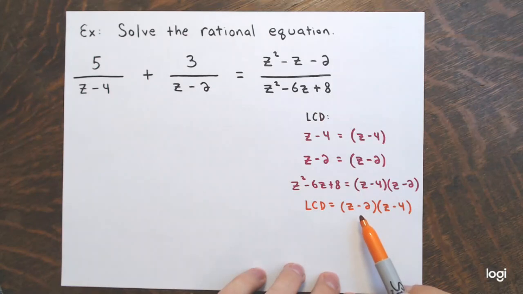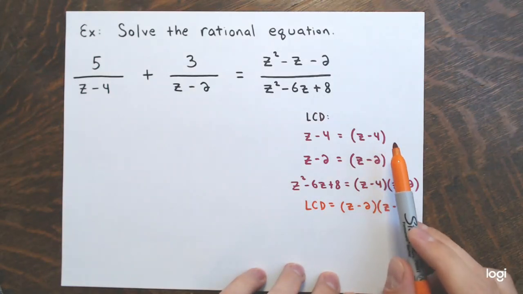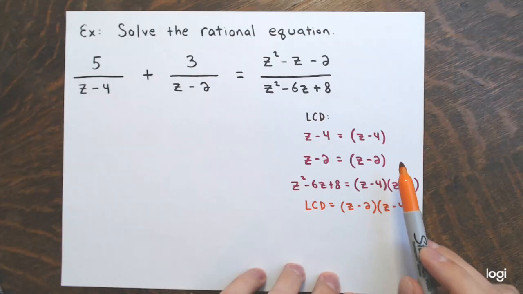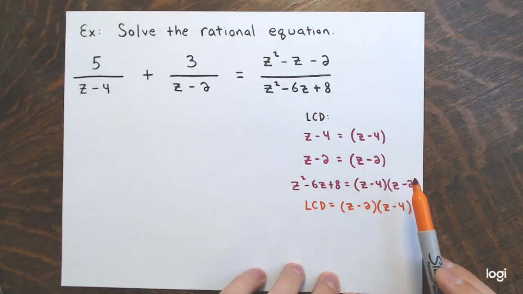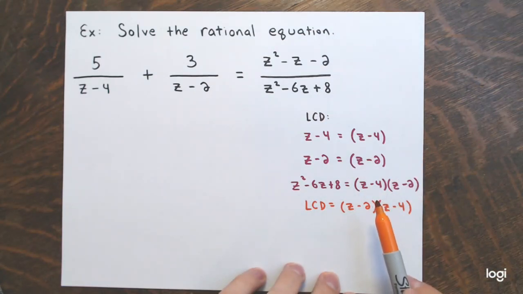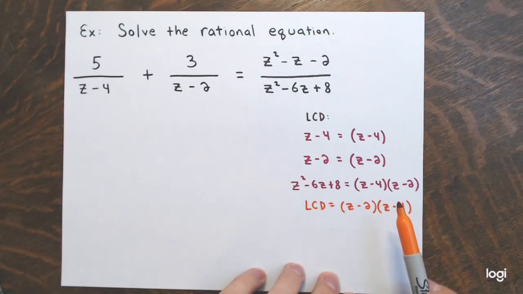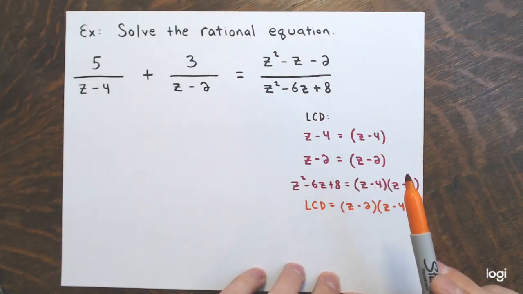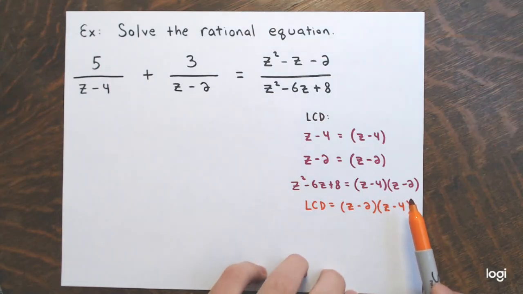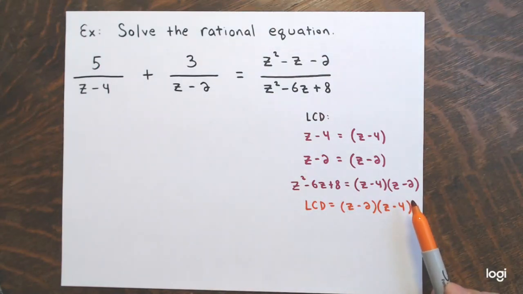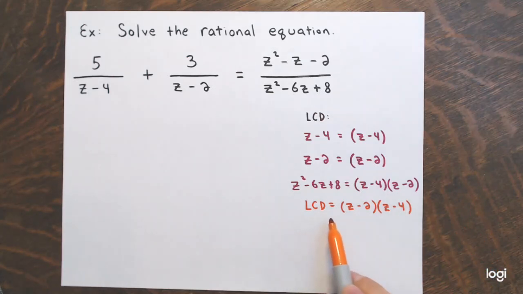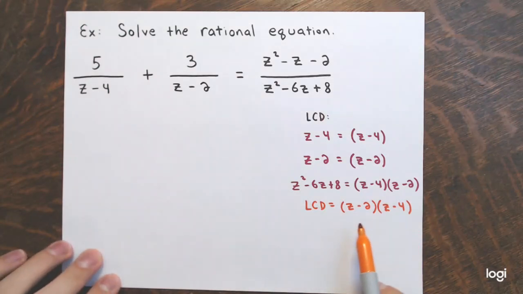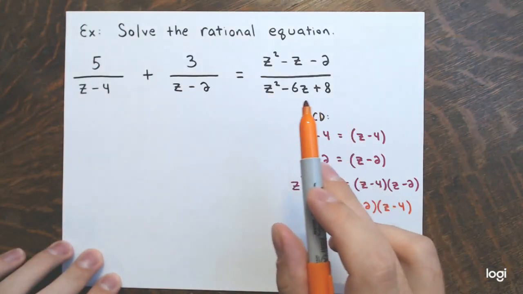So z minus 2 shows up 0 times, once, and once, and the largest of 0, 1, and 1 is 1. So that's just z minus 2. And z minus 4, same thing, appears once, 0 times, and once again, and the largest is 1. So the power on z minus 4 is the first power. Alright, so the least common denominator is z minus 2 times z minus 4. If you want to multiply that out, fine, that's z squared minus 6z plus 8.